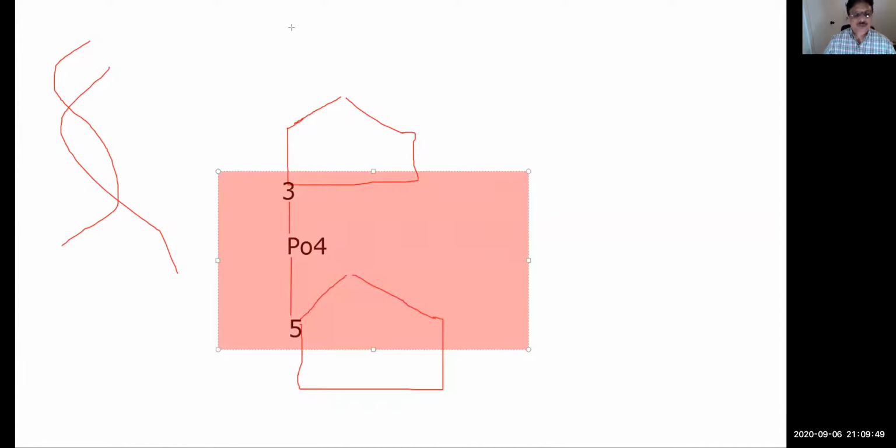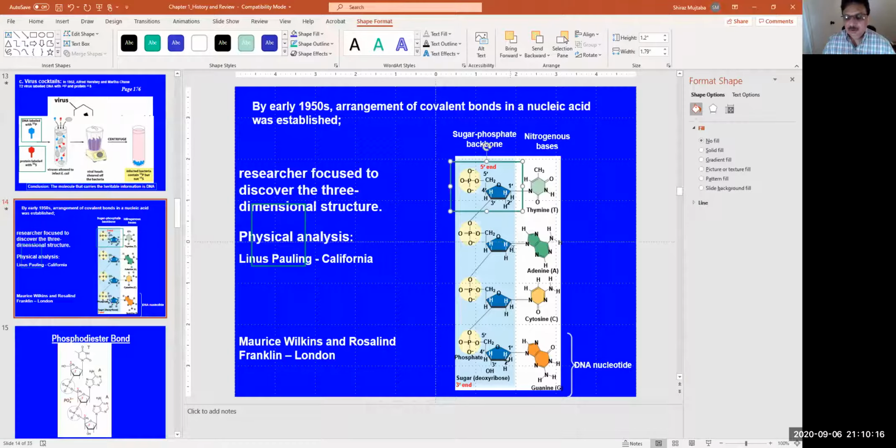Because it forms two ester bonds, one ester bond with the 3rd carbon atom and the second ester bond with the 5th carbon atom. The phosphodiester bond is formed by phosphate and the two consecutive ribose molecules in DNA. And this is what you see in this figure. So pay attention: one sugar ribose is connected to phosphate, and this phosphate is connected to the next sugar.